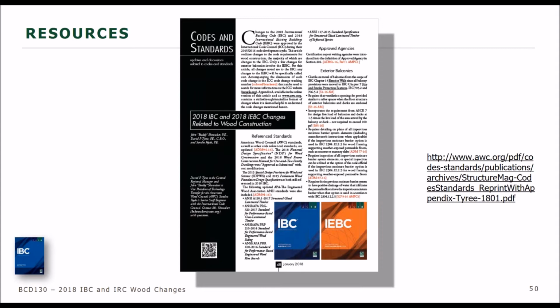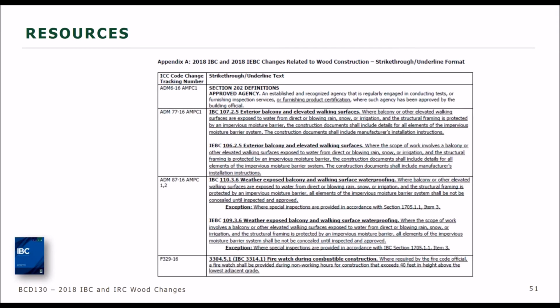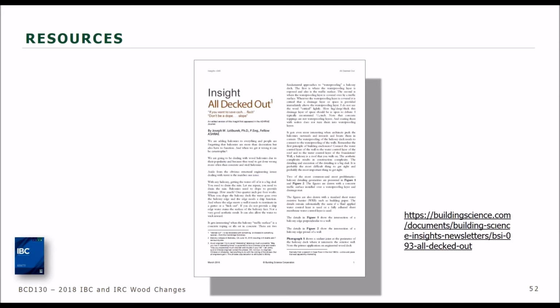At the end of the actual article, we have an appendix, which lists the actual code changes that occurred and gives you the language from those code changes. So this is a little bit different and provides some helpful information and background related to the specific code changes. And I think Brian can provide you with a link to this actual article, a PDF of this article.